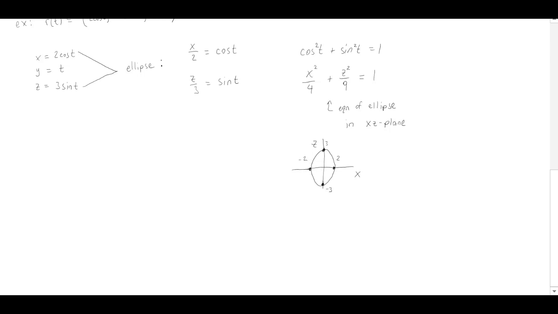So if you notice what happened, the radius in the x direction, I'll call it the x radius, is 2. The radius along the z direction, or the z radius, was equal to 3.